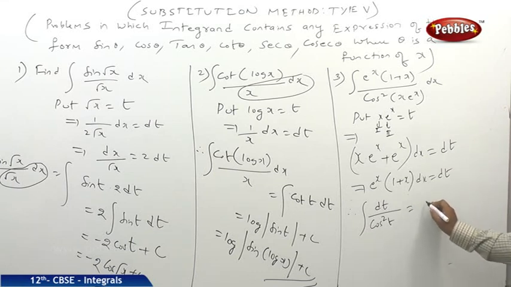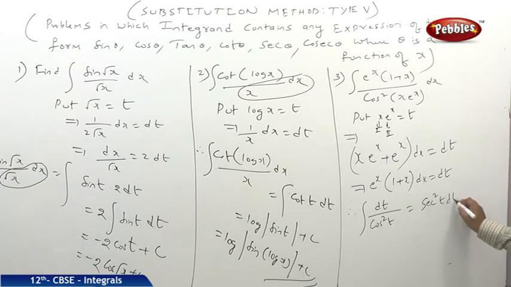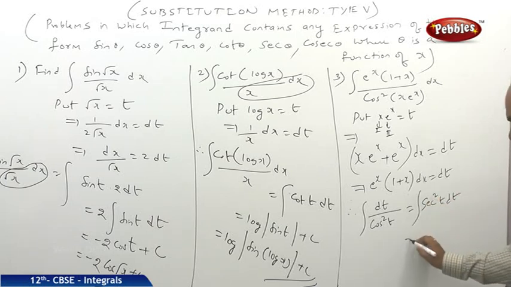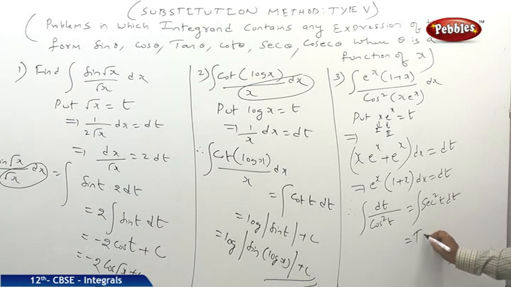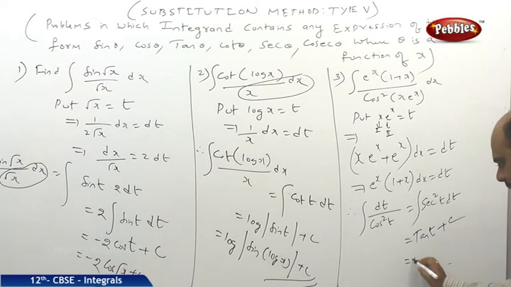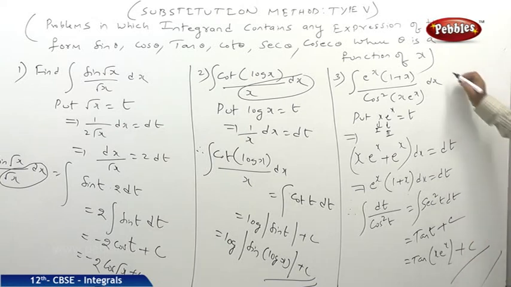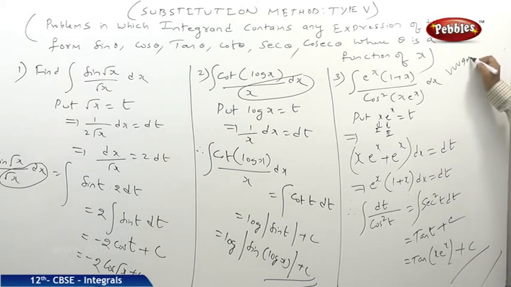So 1 by cos square t means the integral of secant square t dt. The integral of secant square t dt is nothing but tan t plus c. But t is nothing but x e power x, so tan of x e power x plus c. So it's a very important problem. You should observe carefully.